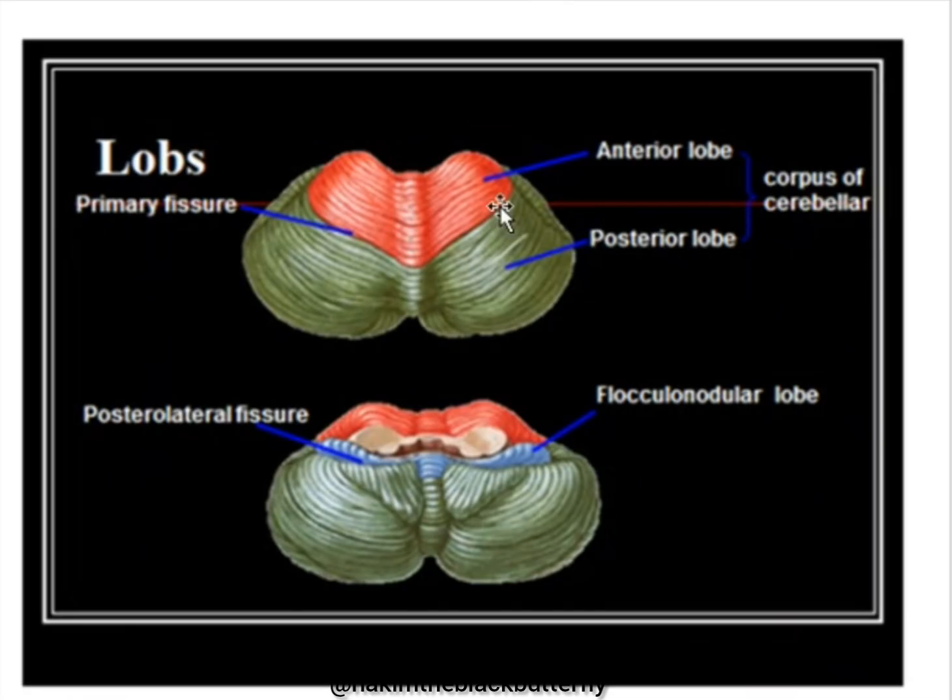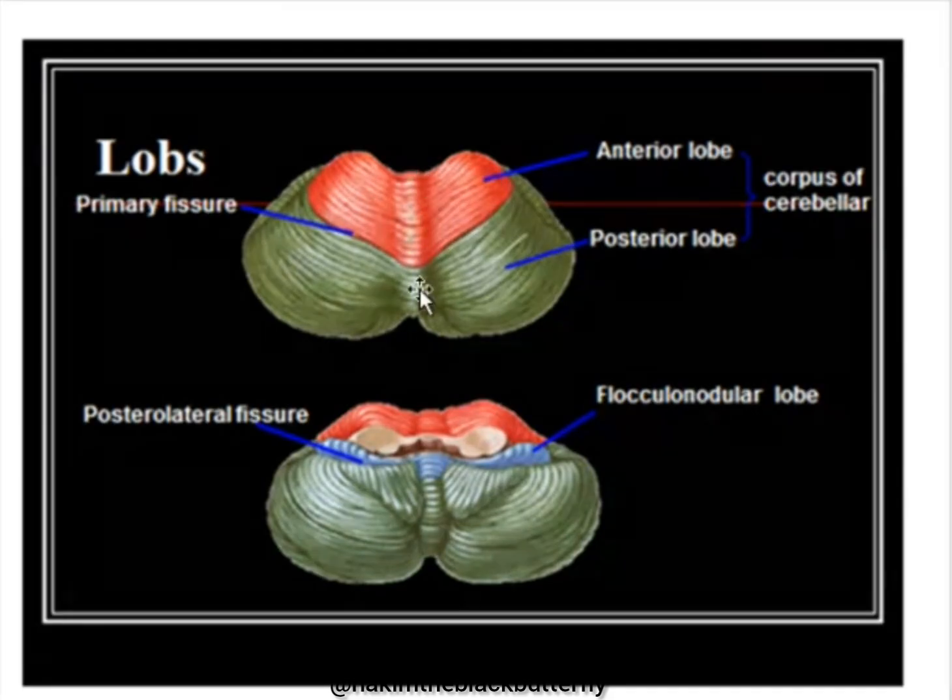So we have our cerebellum here. This is the superior view of the cerebellum, and this is the inferior view. On the superior view, we will see this vermis, the left hemisphere, and the right hemisphere.